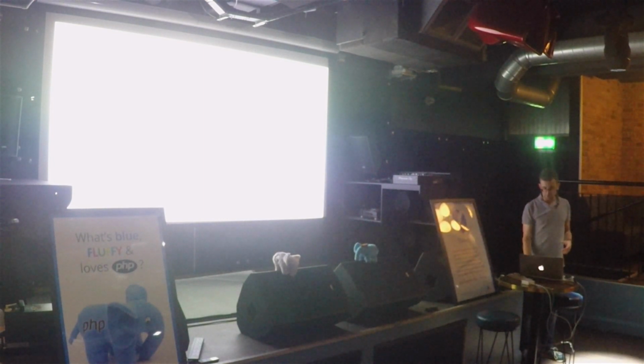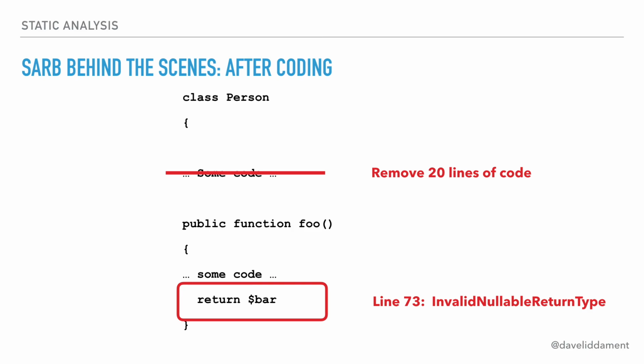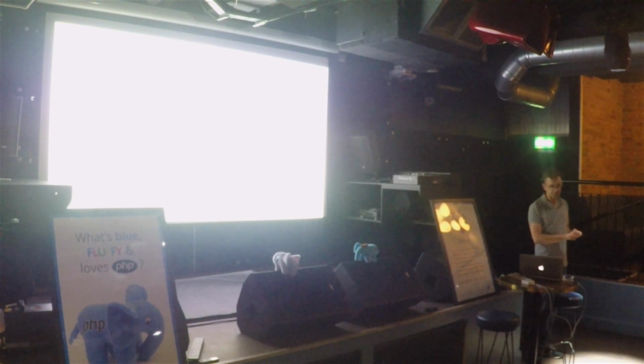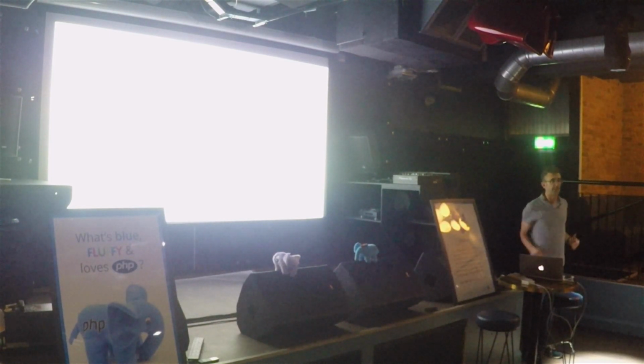I go and do some more work, and as part of my work, I delete in this person class 20 lines of code. So now we're at line 73. So the issue we had before has now moved. We're now at line 73, and it's invalid nullable return type. And that's the one that we basically saw previously, but it's moved because of some of the edits I've done.